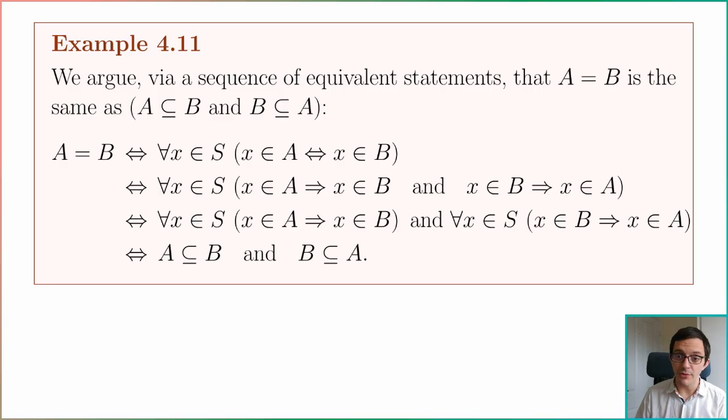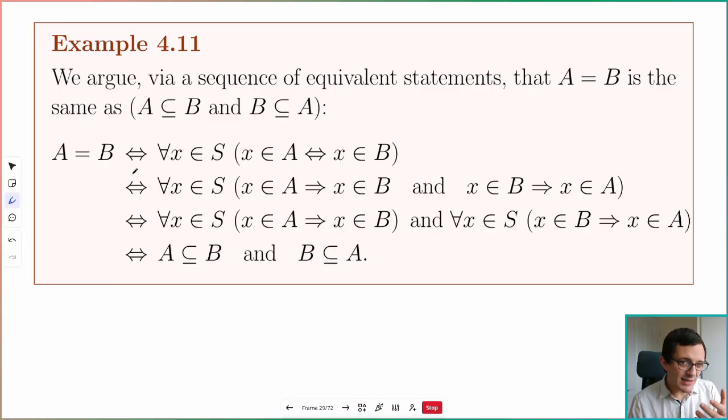We've got an example on the board here where we show that set equality is the same thing as double inclusion by writing out different statements and messing around with definitions to show all these equivalent things. You've got to be careful with this though. It's powerful but slightly dangerous, as I keep saying, because if you're writing these, the ideas tend to flow in one direction, and it's always tempting to write double-headed arrows.